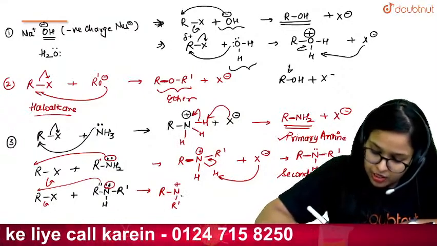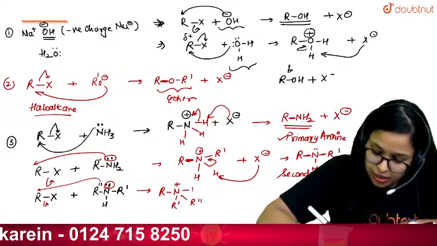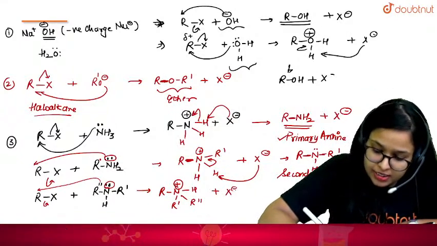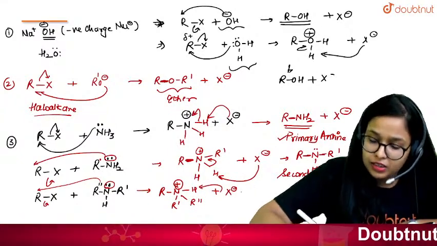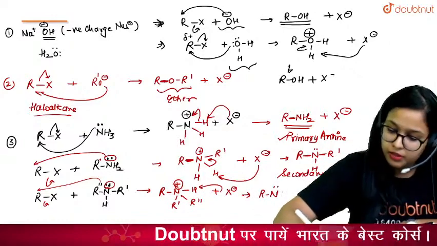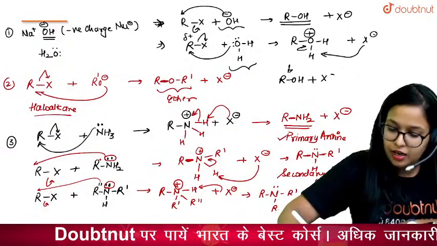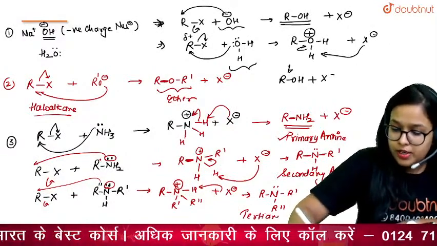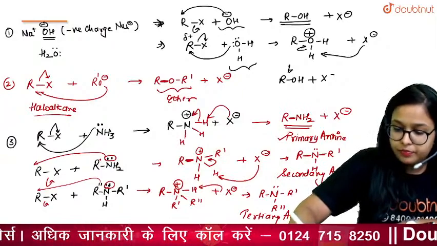We have R dash attached to it, R double dash attached to it, and also 1 hydrogen. X minus takes this H positive, and finally you get R nitrogen with a lone pair, with R dash and R double dash attached to it. You get tertiary amine.